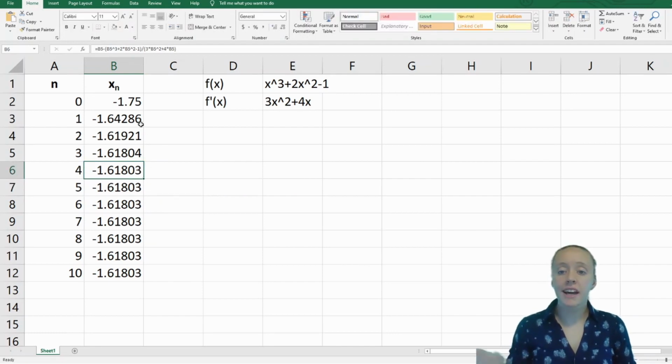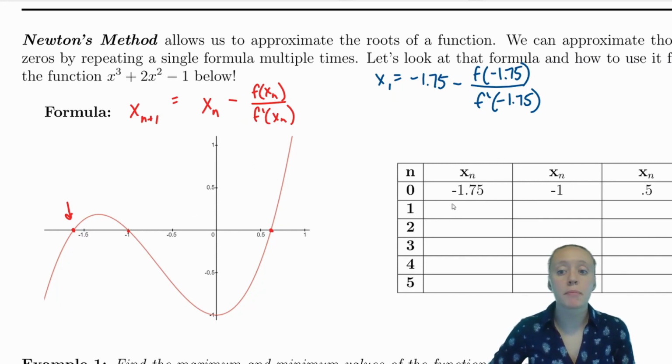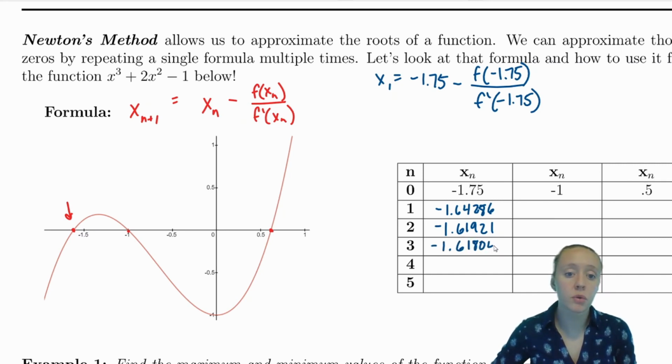So let's go ahead and copy these values directly over to our table. So for negative 1.75, remember my x sub 1, that first value was negative 1.64286, and then my next value was negative 1.61921, and then x sub 3 was negative 1.61804.